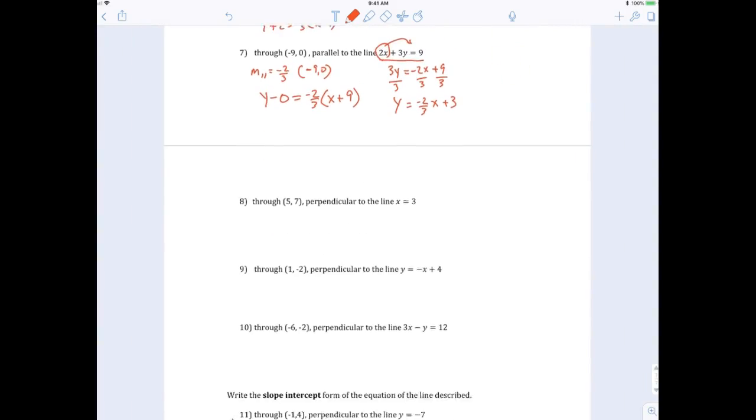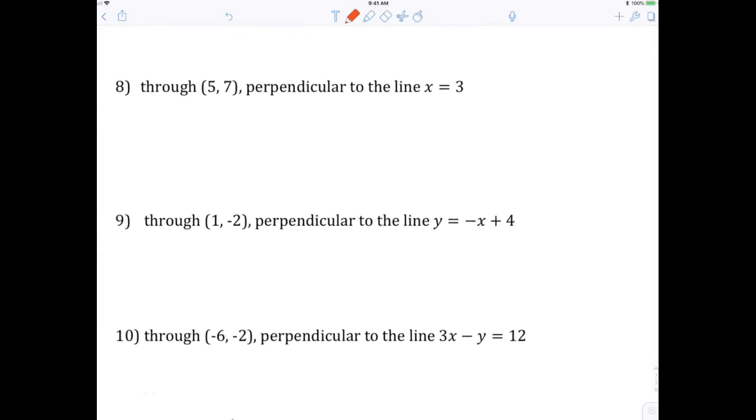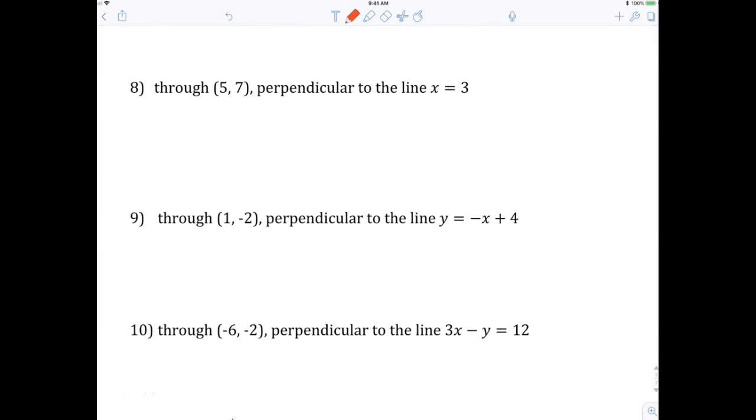Perpendicular. Okay? Now, this one, I would say it could be a little tricky. I need everybody to put a little star by this one. This one's a little bit different than what I've shown you. I need everybody to remember, what does x equals 3 look like? What type of line is x equals 3?